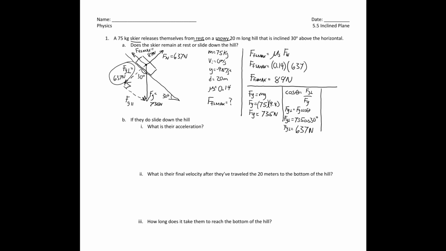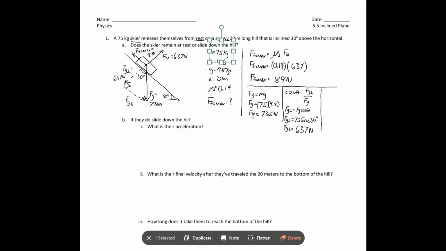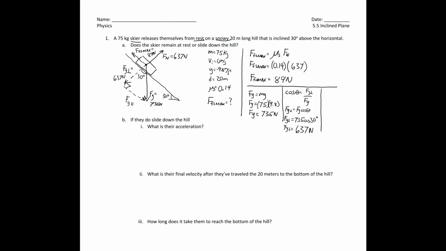I know we have this one here, but if we want to do the shortcut, we have to use the opposite and the hypotenuse. So we're going to use sine. So Fg parallel is equal to Fg sine theta. Fg parallel is equal to 735 sine 30.